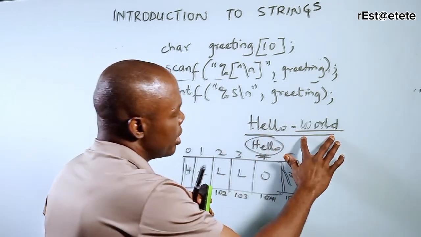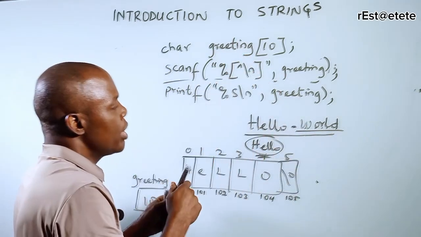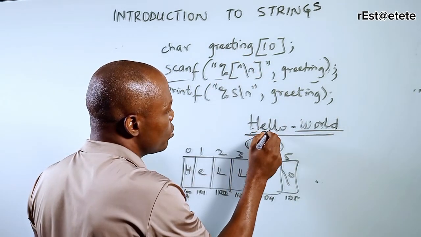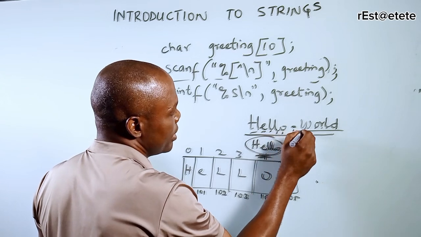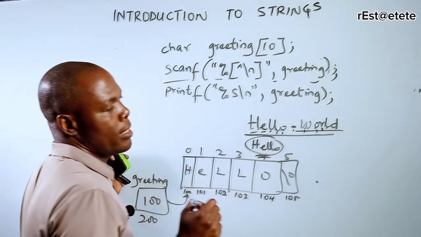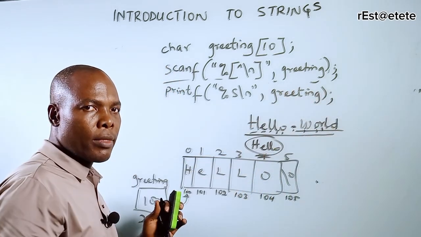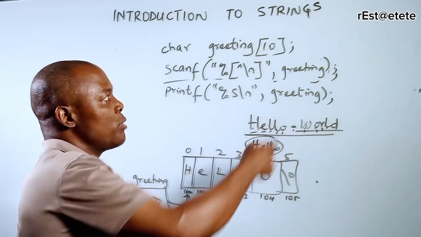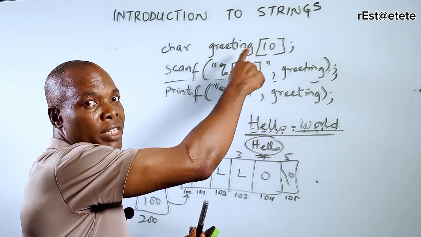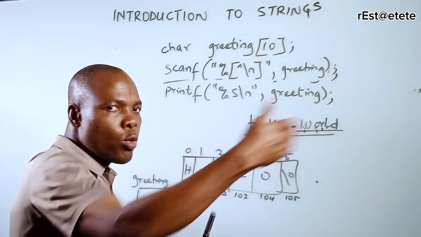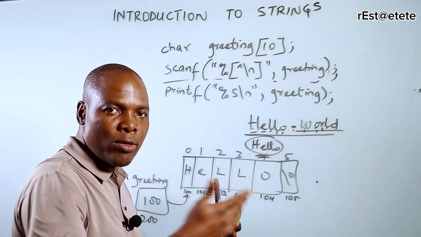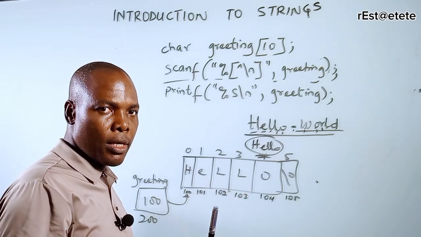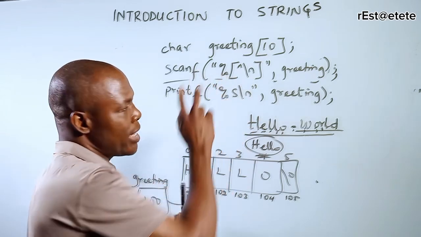So if I supply this hello world to this, it should store only 1, 2, 3, 4, 5, 6, 7, 8, 9. But it's going to store everything. So that means it's going to overwrite into the next memory that is beyond this space that I gave. And you don't know what is in that memory. So it can affect the operation of your other programs. So that is another problem with this scanf.